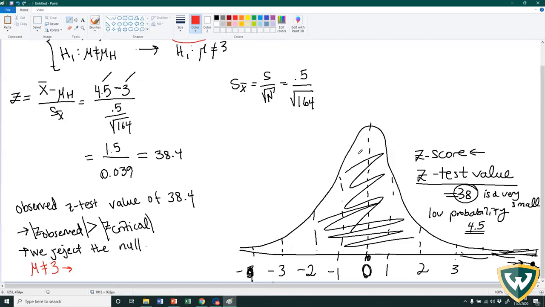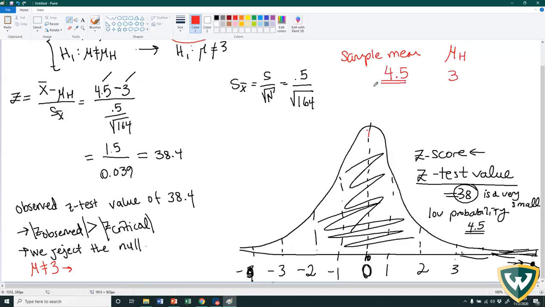And this is a two-tailed test. Therefore, technically, until I look at which one is bigger, the sample mean or the hypothesized mean, we have to look at them. Mu hypothesized was 3, sample mean was 4.5.